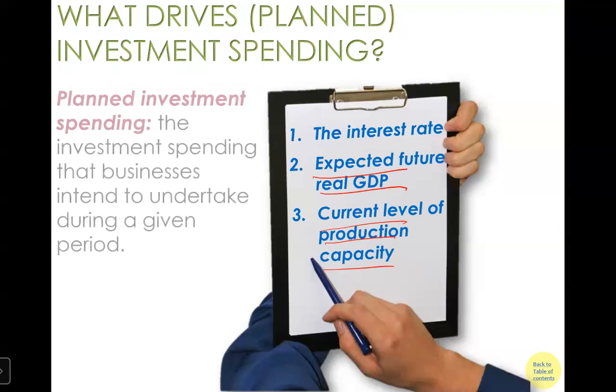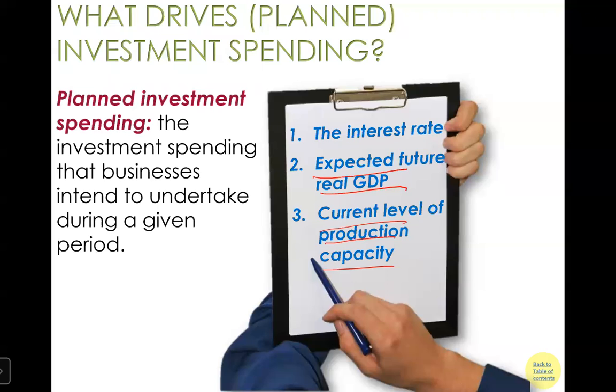But first, let me introduce a concept. We are going to see that in the next lectures. This concept is called planned investment spending. First, this is investment spending. What is considered investment spending? Usually you buy something durable as a household.